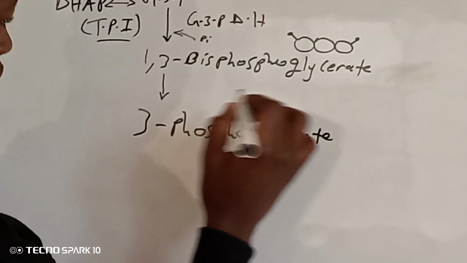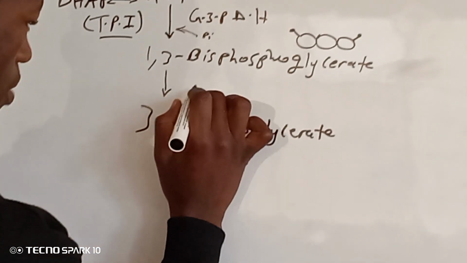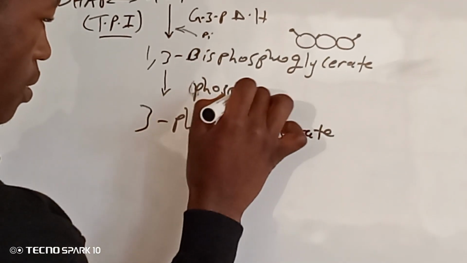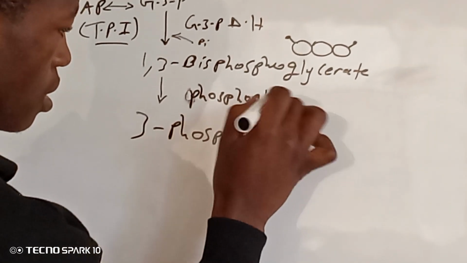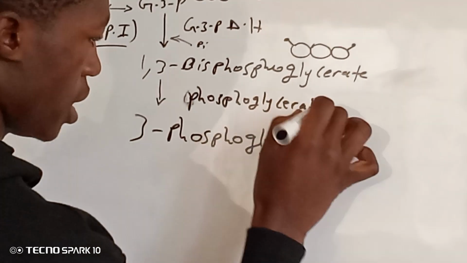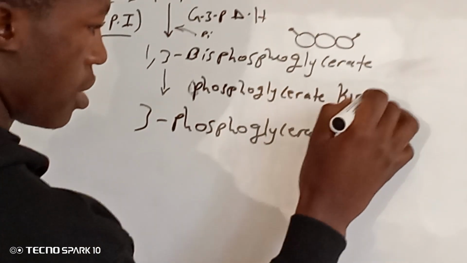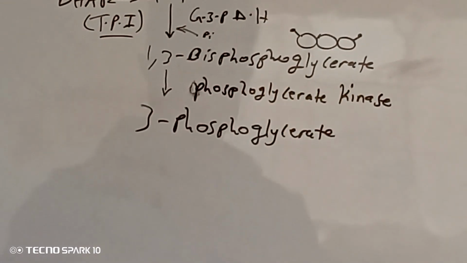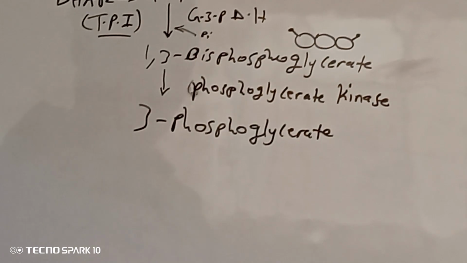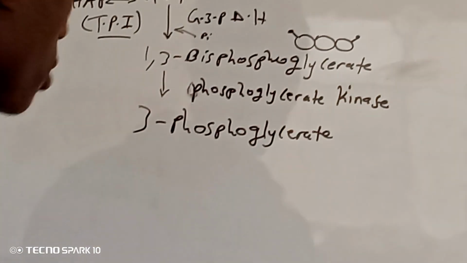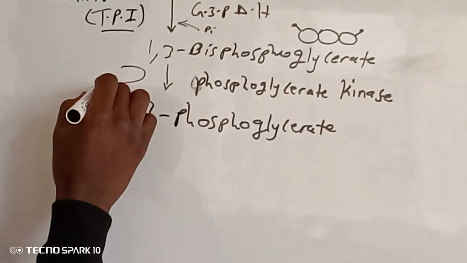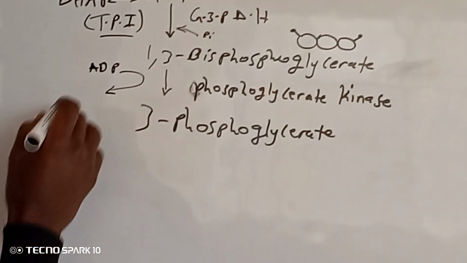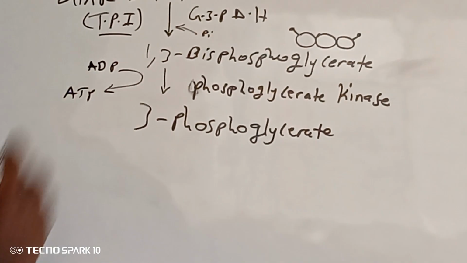This enzyme is going to be called phosphoglycerate kinase. It is a kinase, so it's going to phosphorylate. What is it going to phosphorylate? ADP. It's going to add a phosphate group onto ADP, phosphorylating it to give us ATP.